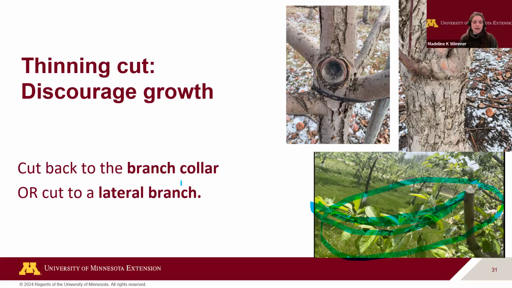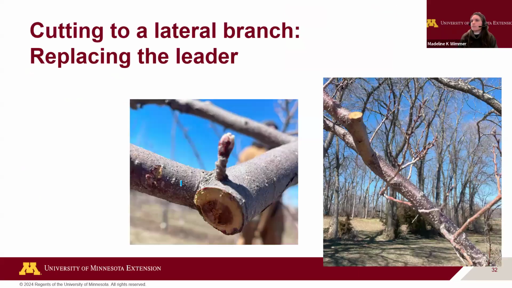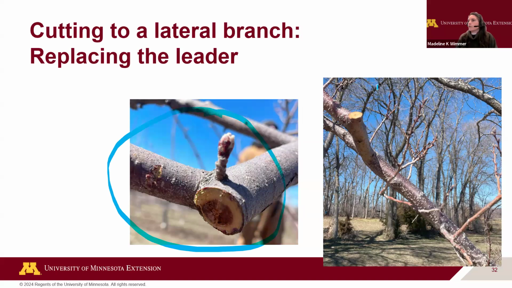Similarly, you may cut a branch back to the trunk of the tree in order to try to remove it without any regrowth, which can be more or less successful. And here again are just a couple more examples showing a branch that was cut back to a lateral branch. This is a really great thing that you can take away from this pruning webinar today. For example, if you're a backyard grower, this is one really important concept to remember about pruning.